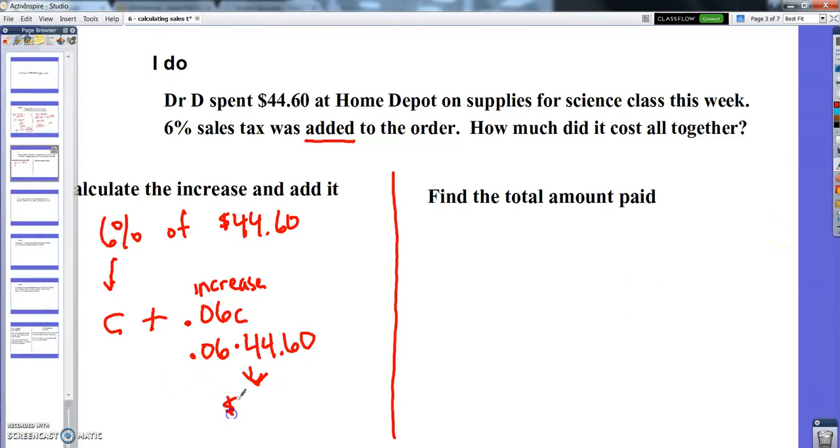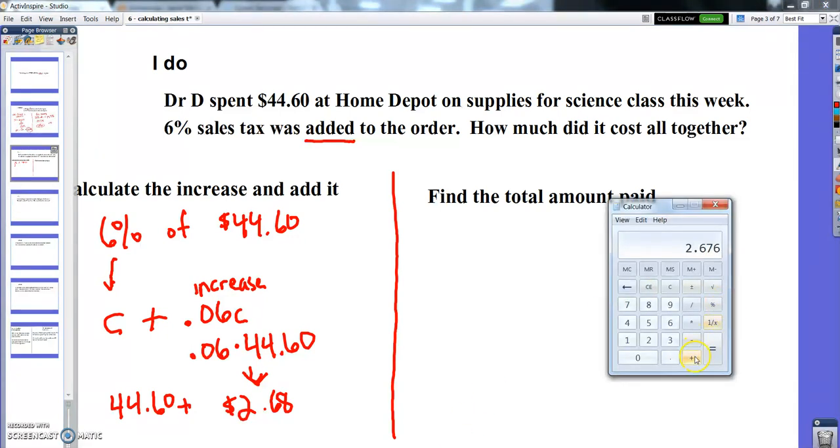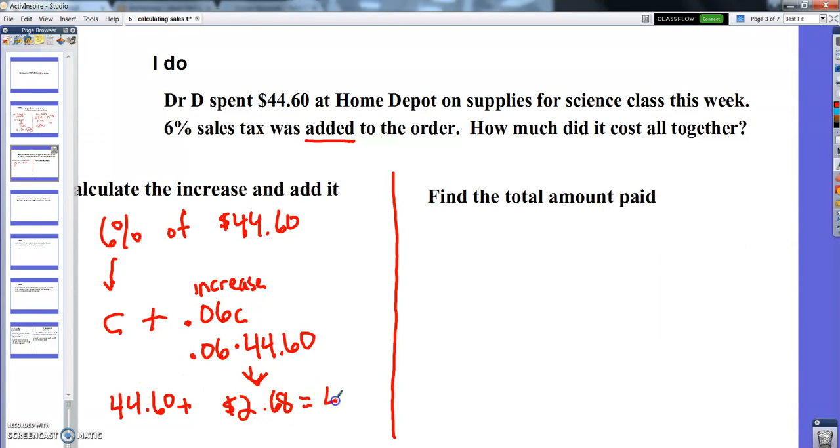So I'm going to have $2.68 of tax, plus I still have to pay the $44.60, don't forget. I'm going to add that to $44.60, and I'm going to pay, looks like $47.28. So that's strategy number one. Find the increase, 6% of the price, and then just add it instead of subtracting.